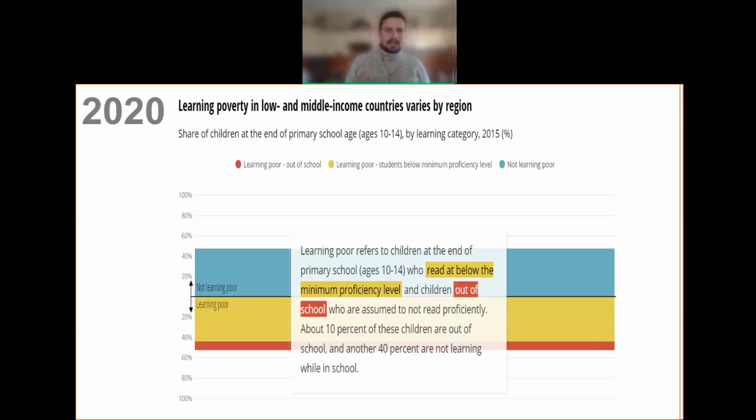So again, that idea to bring the annotations closer to the actual visual components of the chart. And now this is a really cool part. As you scroll down, then that global picture will start to move and break down by region.